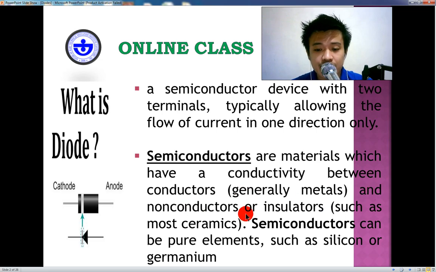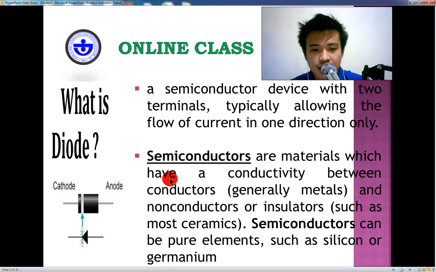Non-conductors can be plastic or ceramic or any other materials that will not allow the current to flow. We call them insulators. Semiconductors can be pure elements such as silicon and germanium. Usually, semiconductors are made from silicon or germanium materials. I hope that is clear.